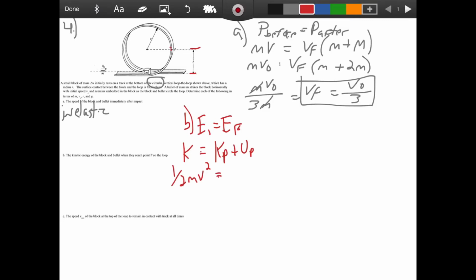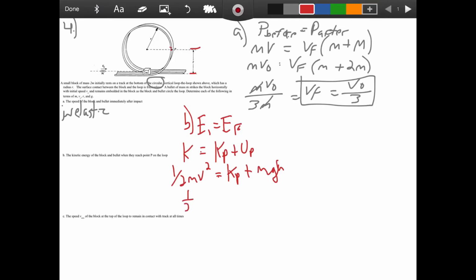I was going to plug in 1/2 mv squared, but since we're looking for the kinetic, we can just leave this as Kp plus mgh.